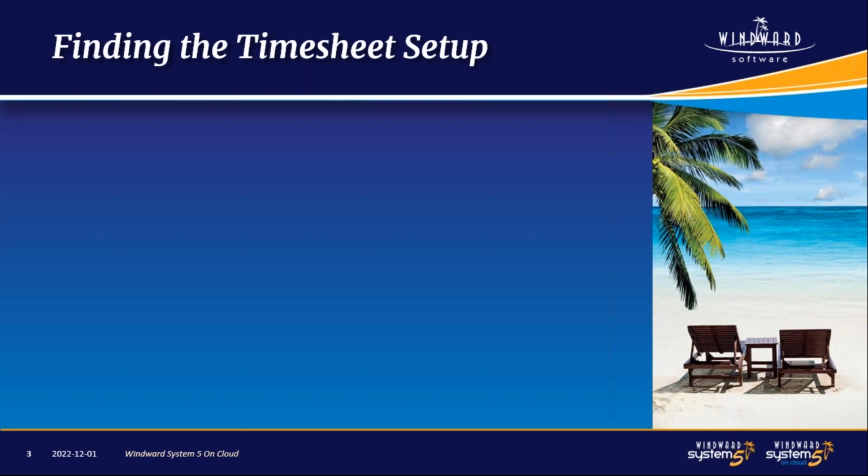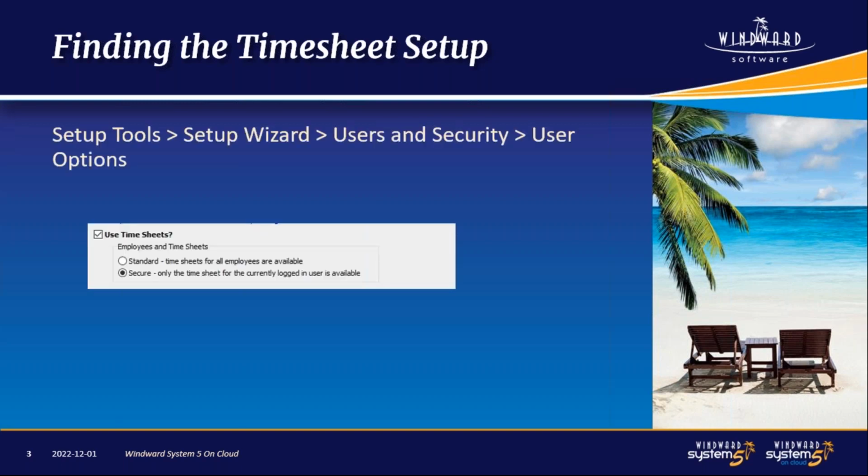Normally, the timesheet is accessible from your navigator menu, but before you can see this feature, you must first enable the timesheet in your setup wizard. You can locate your timesheet setup in the setup tools, setup wizard, users and security, and user options. So let's look at this in our demo.